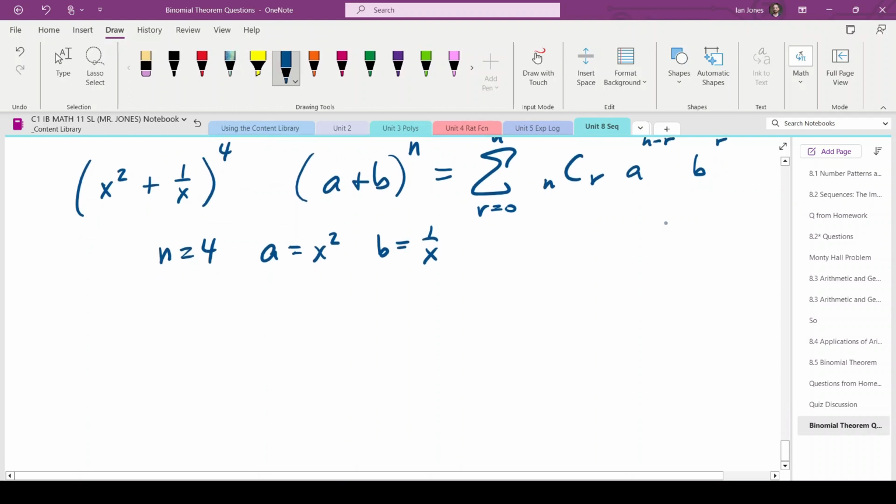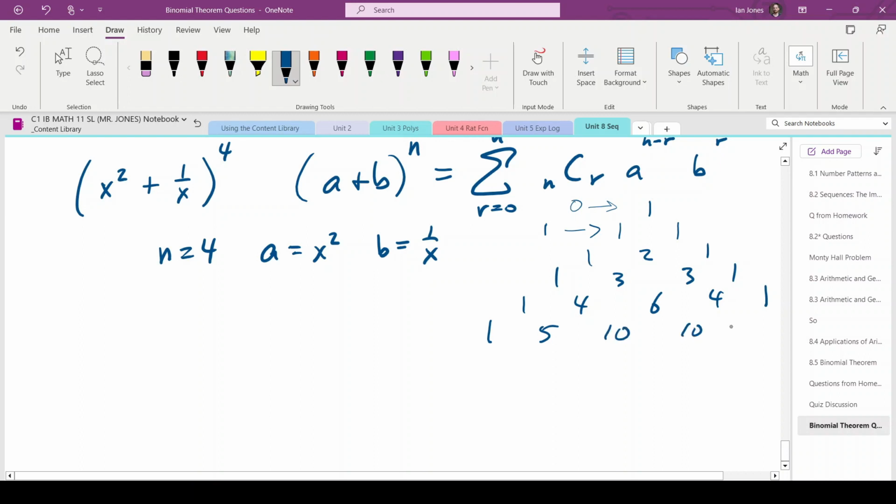And I'll get a Pascal's triangle. Now n equals 4, so I'm looking at the 4th row, or the 5th. It's really the 4th row because I start counting at 0. So 0, 1. Let's just get this Pascal's triangle out really quickly. And after you do a few of these, you'll actually start memorizing the first few rows of Pascal's triangle.